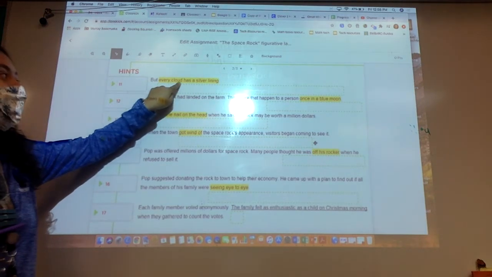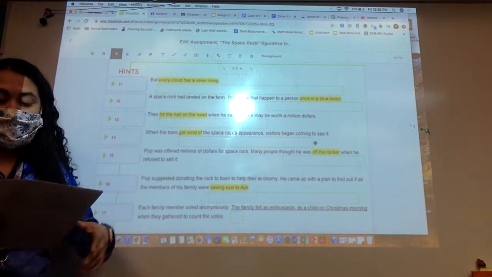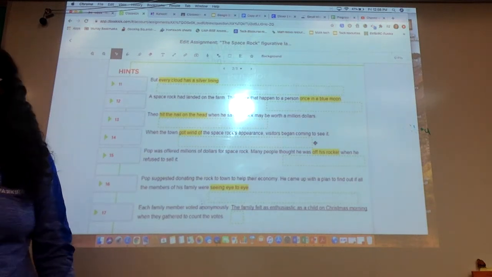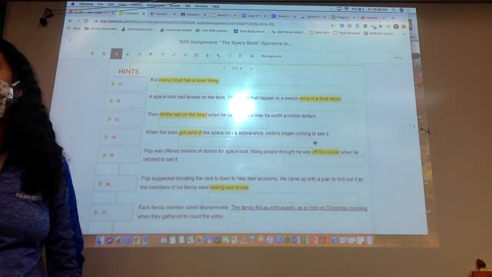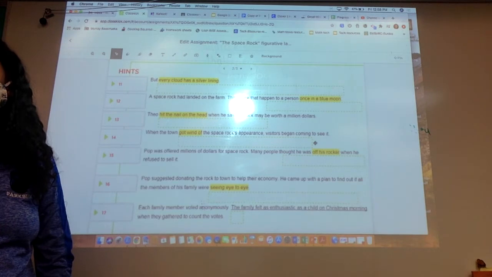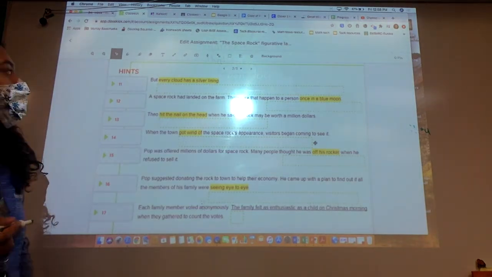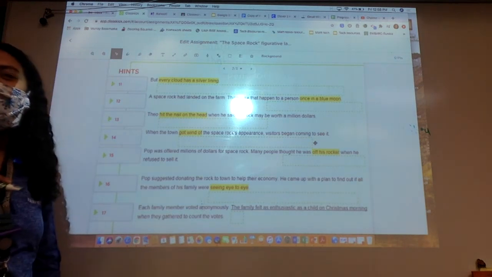But every cloud has a silver lining. Okay, so clouds don't literally have silver layers, right? Like pieces of actual silver. So what is this idiom actually meaning? Ariana?